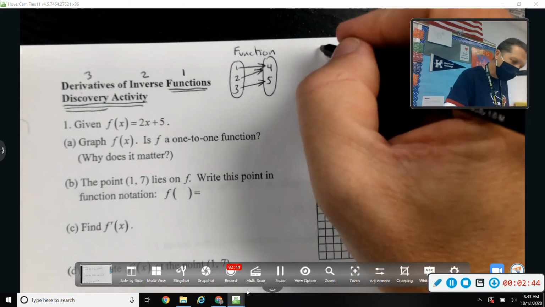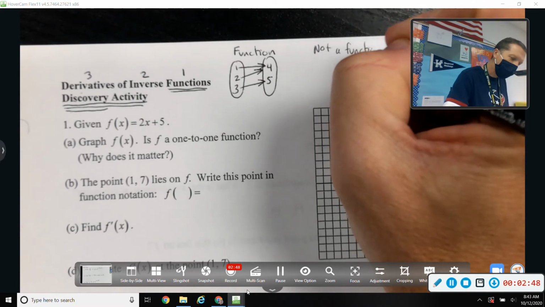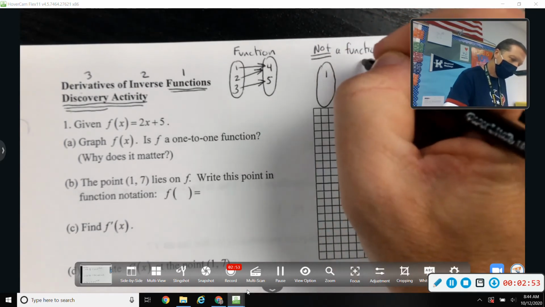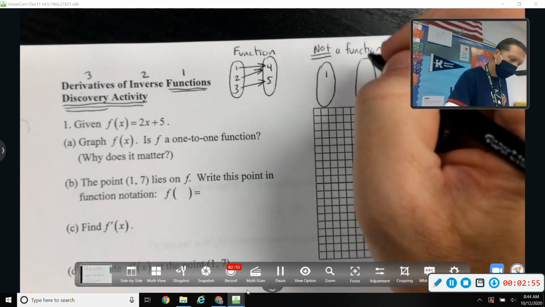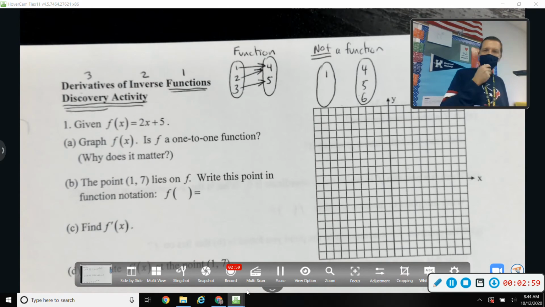What is not a functioning vending machine would be if you hit button 1. I mean, you would like this vending machine, but it's not a functioning vending machine.